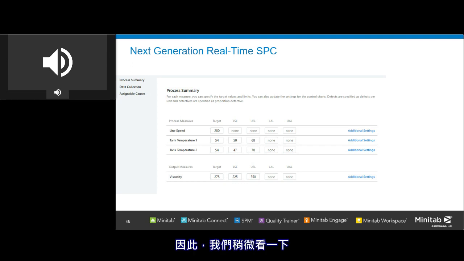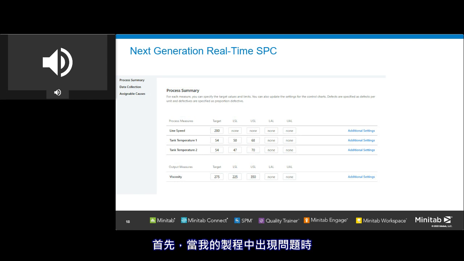So we'll take a look at this in just a second. But a next generation tool would have things like being able to set up a process and keep track of that. But also thinking about those from not only just the outputs, but also those inputs, so the process measures, as well as the output measures. And by thinking about that collection and having that configured up front, what's important about that is that allows me to do a couple things.